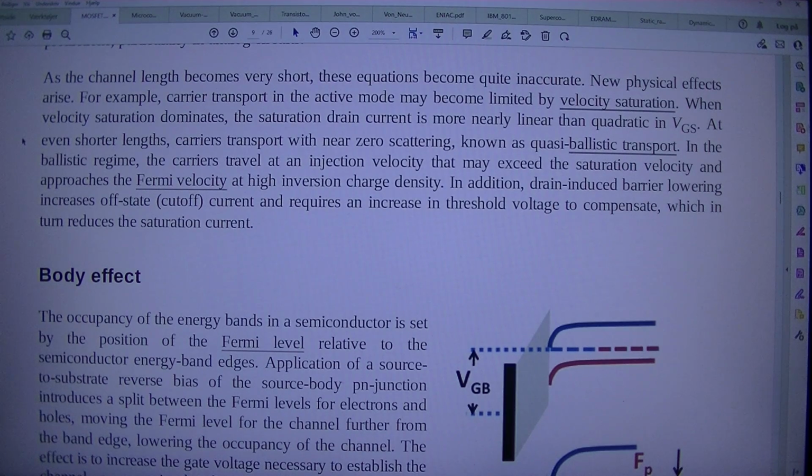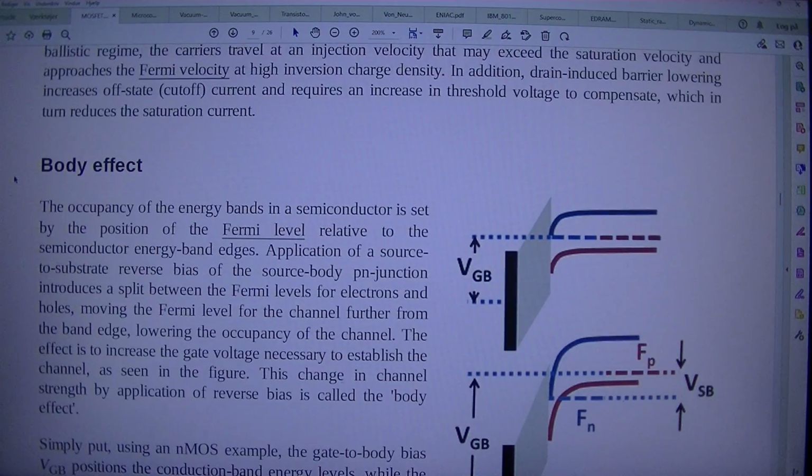At even shorter lengths, carriers transport with near-zero scattering, known as quasi-ballistic transport. In the ballistic regime, the carriers travel at an injection velocity that may exceed the saturation velocity and approaches the Fermi velocity at high inversion charge density. In addition, drain-induced barrier lowering increases off-state current and requires an increase in threshold voltage to compensate, which in turn reduces the saturation current.